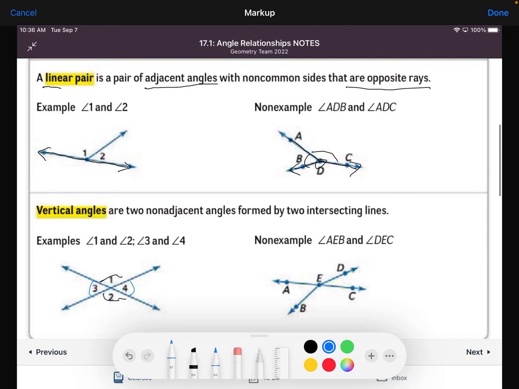A non-example would be AEB and DEC. These 2 angles are not vertical angles because they're not formed by 2 intersecting lines. We have the line AC, but the rays EB and ED are not opposite, so they do not form a line.